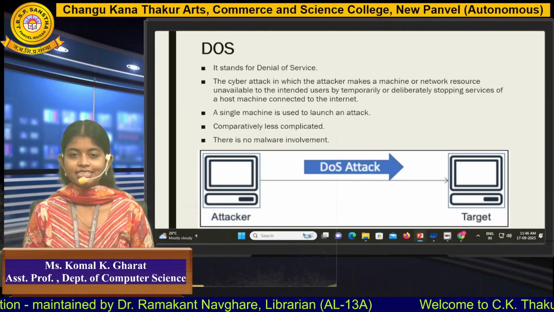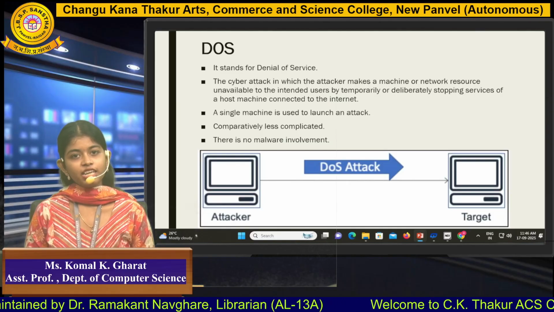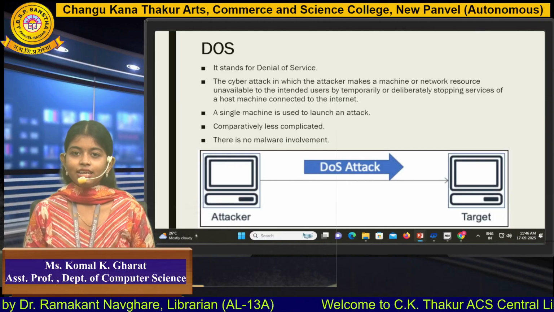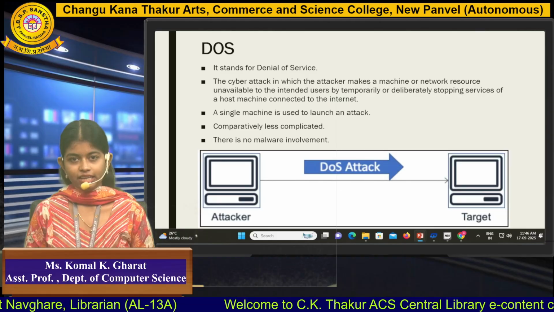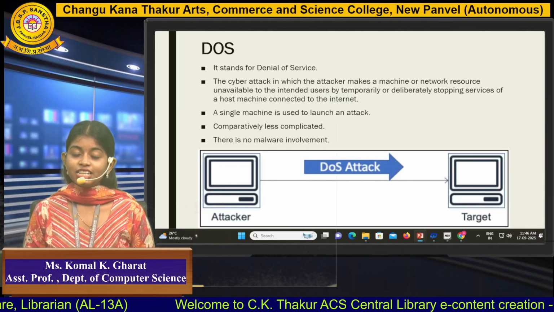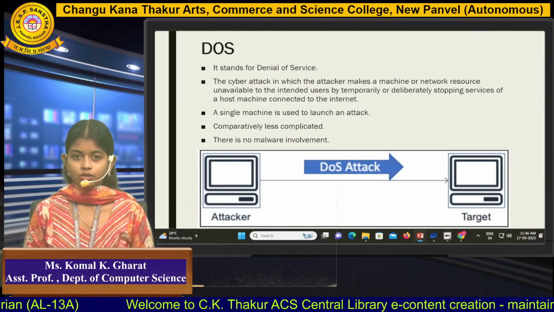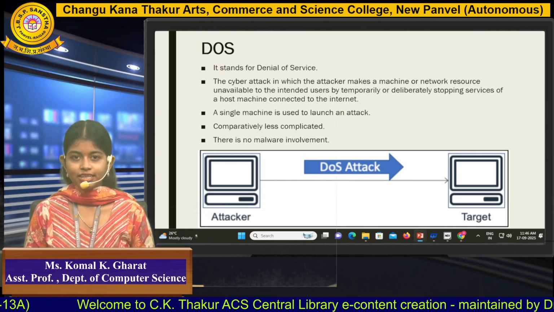For this attack, consider one scenario. There is an e-commerce website and there is a sale on that website at 10:30 a.m., and the server of this website can only process 1 lakh requests at a time.